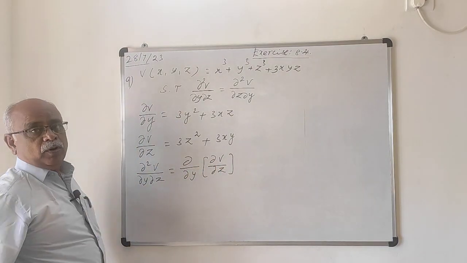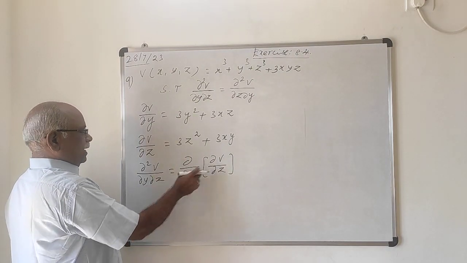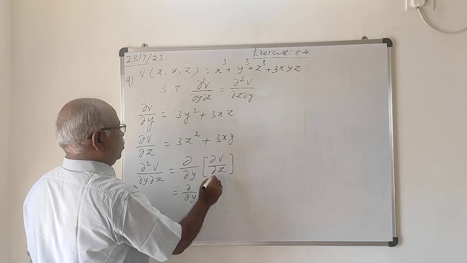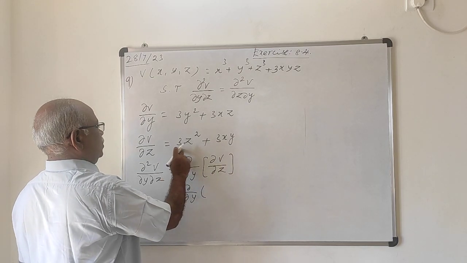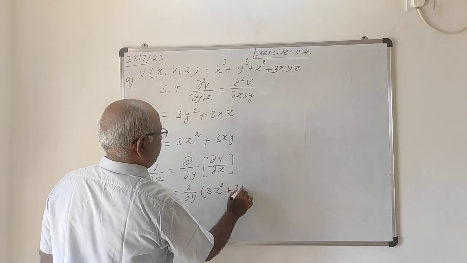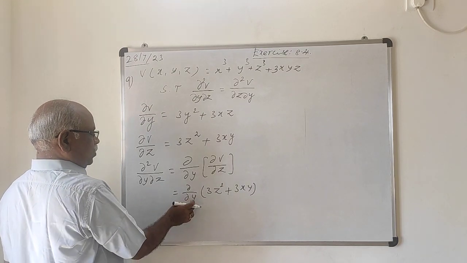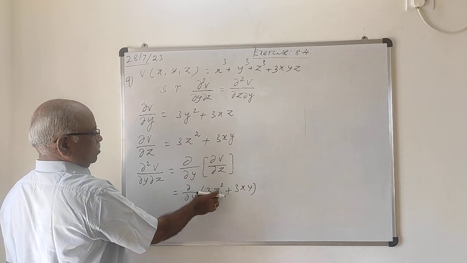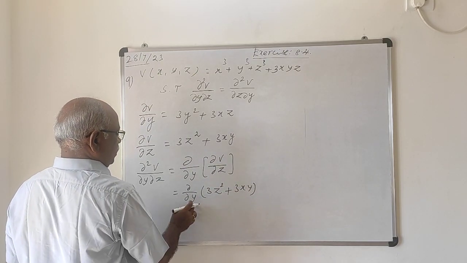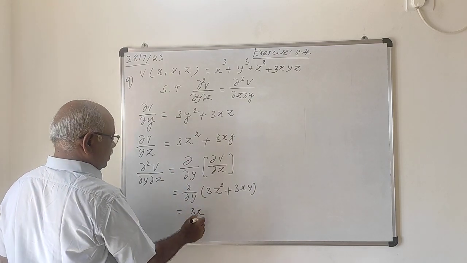That is dou by dou y of 3z square plus 3xy. Here we are differentiating with respect to y. Therefore, 3 and z square are constant. This term becomes 0. Derivative of y is 1 with respect to y. Therefore, you get only 3x. So, dou square v by dou y dou z is 3x.